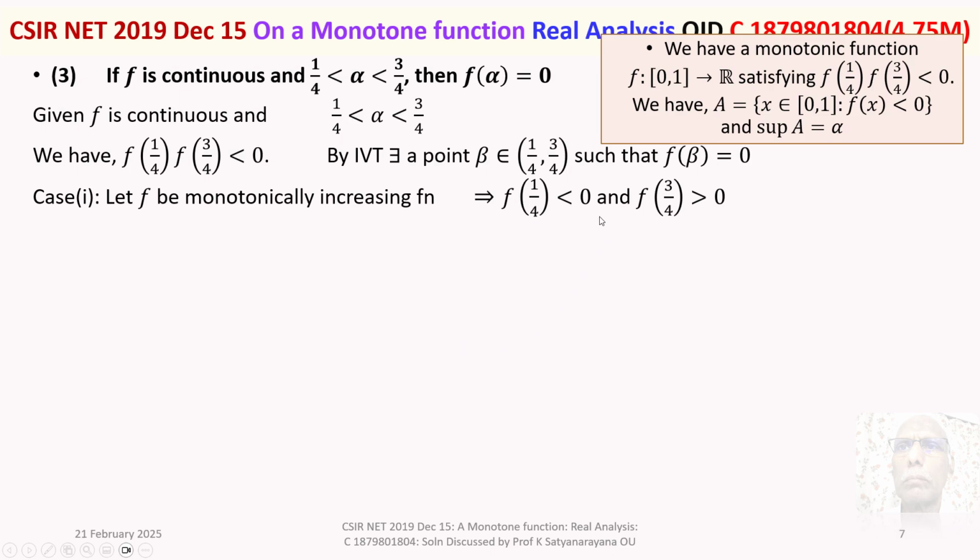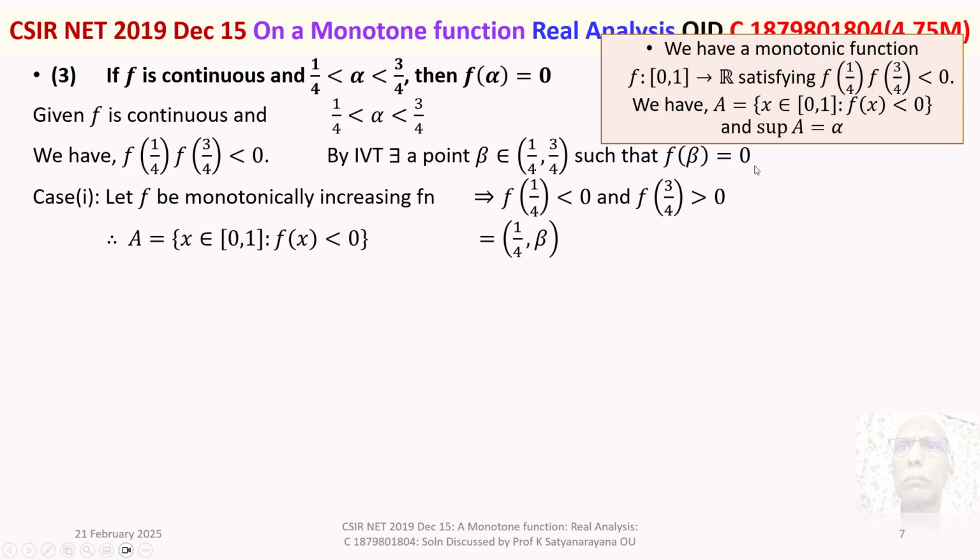Agreed. So therefore A, what is A given to be? The set of all x belonging to the closed unit interval such that f(x) is negative.